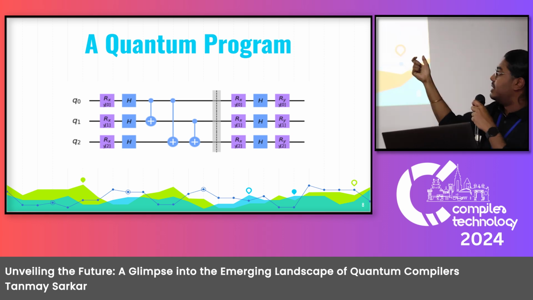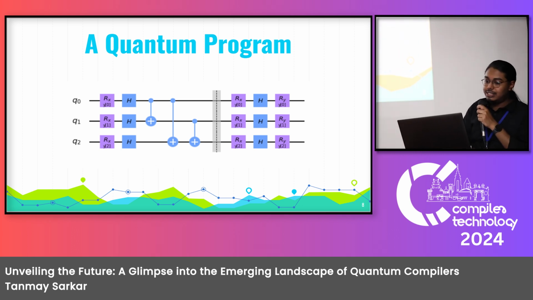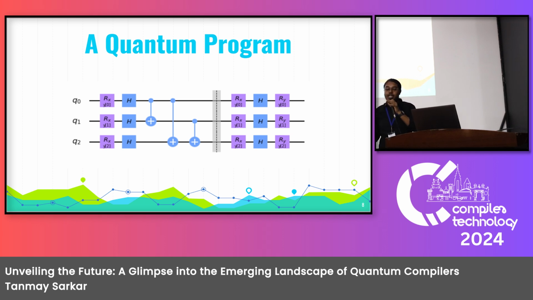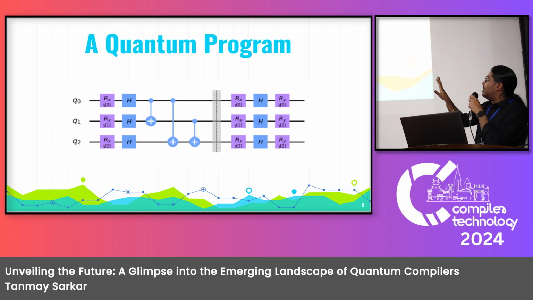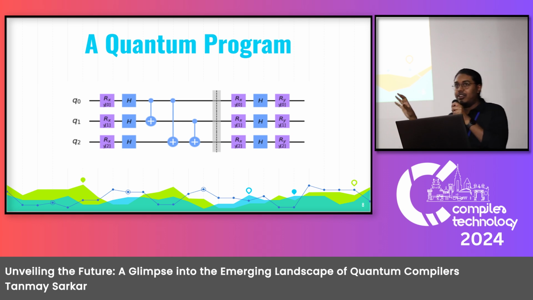H is the Hadamard gate, and these that you see are 2-qubit gates. We have multi-qubit gates as well. So as you can see, programming in the quantum domain at present is more like writing code at the gate level. You need to come up with gate-level algorithms.